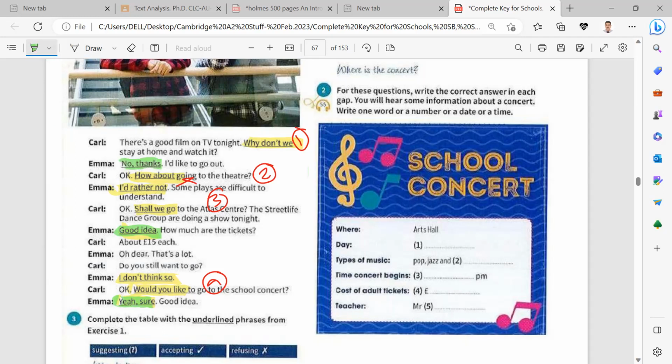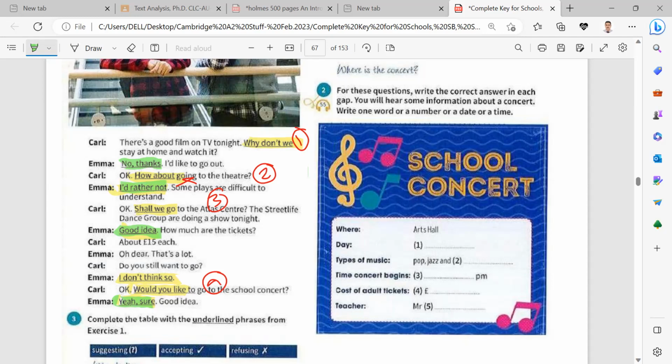Or you can say I'd rather not. I'd rather not means I prefer not to, as you say in Arabic, I don't like this idea. So you can say no thanks or I'd rather not.